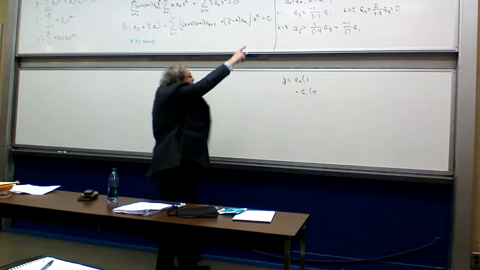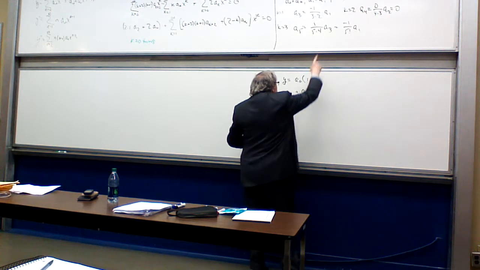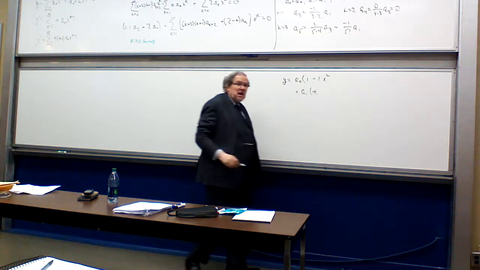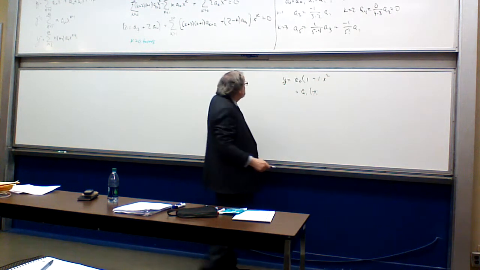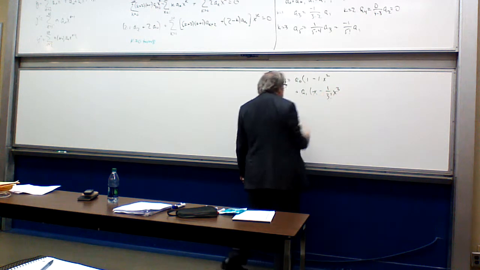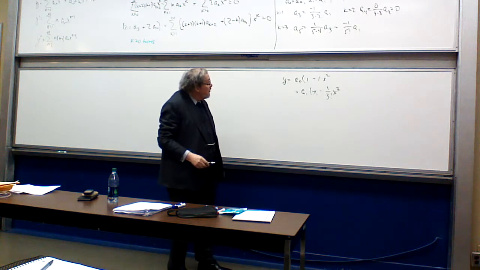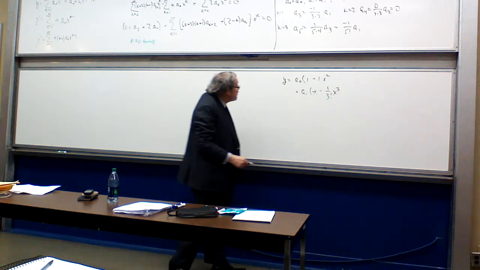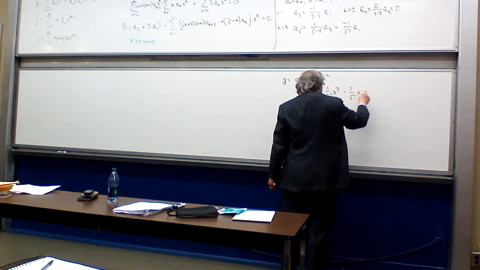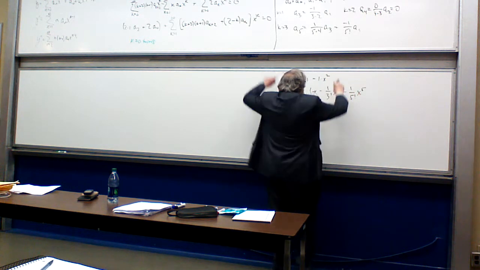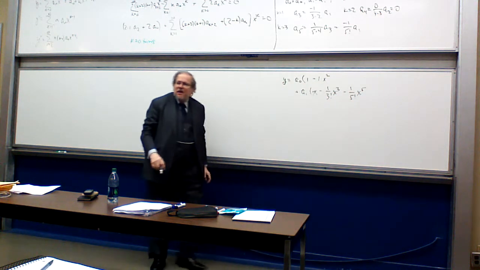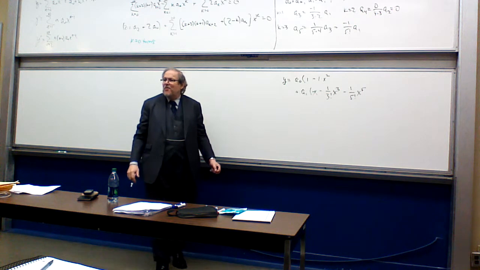The next thing here is A2, which is negative A0, and that multiplies x squared. A3 is negative 1 over 3 factorial x cubed. A4 seems to be 0. A5 has a negative 1 over 5 factorial x to the 5th. That's 1, 2, 3, 4, 5. The statement of the problem asked for 6. I need one more.